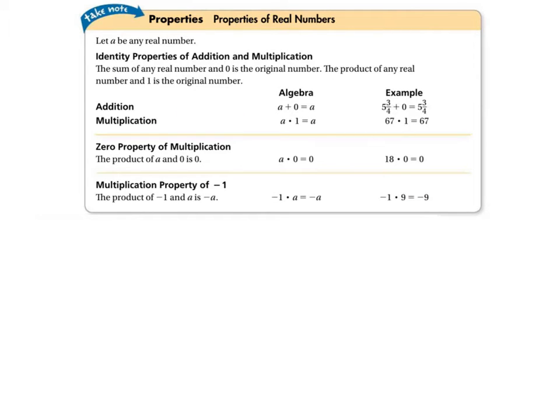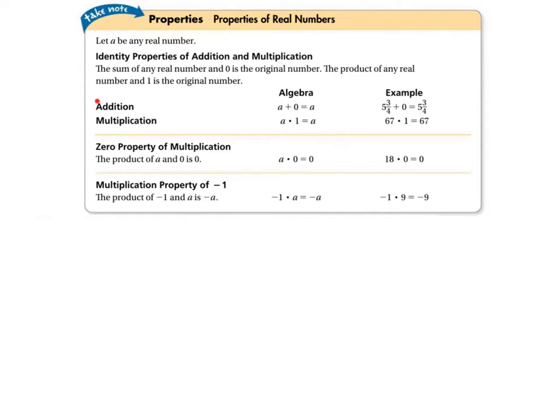Okay, let's check out a couple more properties that we're going to be dealing with here. So we're first saying, let A be any of the real numbers, any number in the real number system, because we're saying this applies to all real numbers, okay? The identity properties of addition and multiplication, they each have a rule that essentially allows the value to maintain its identity, okay?